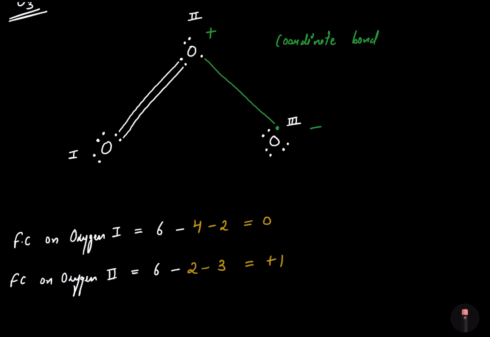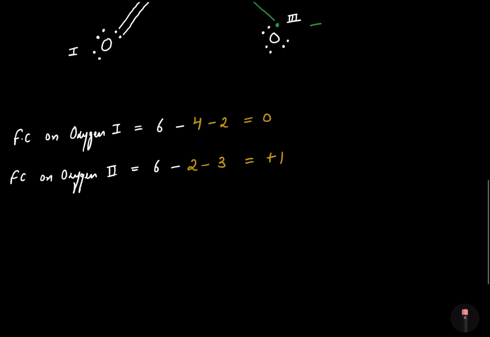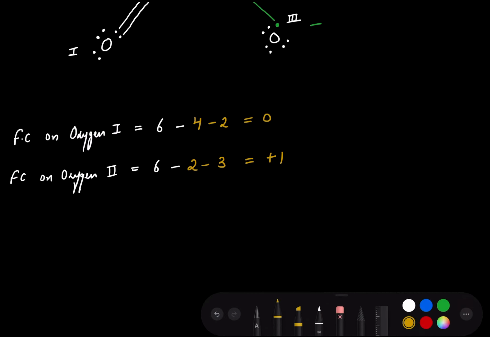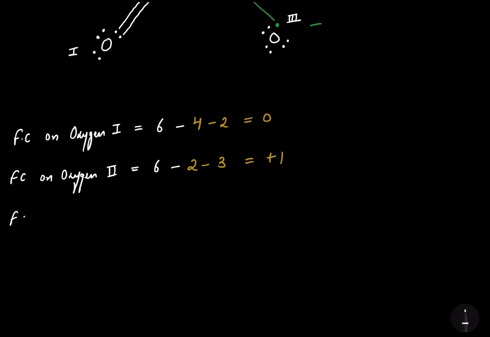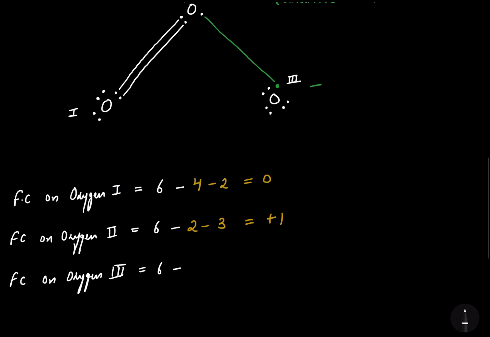So now let's evaluate the formal charge on oxygen number 3. The number of valence electrons in oxygen is always 6, minus the number of non-bonded electrons.